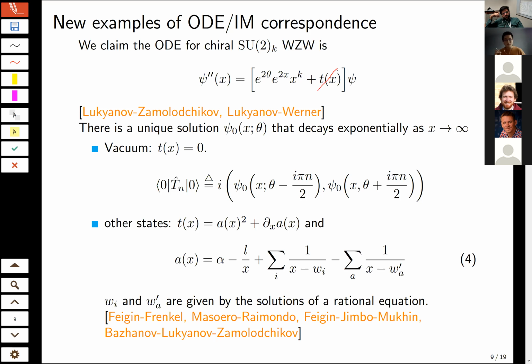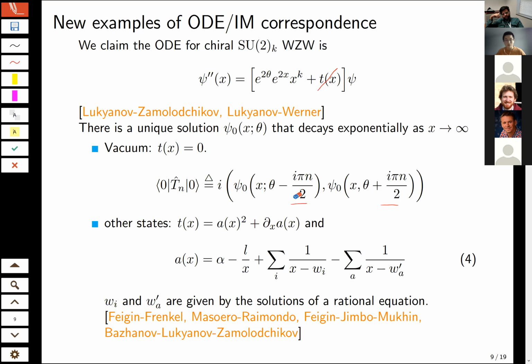You can solve it, and I want to look for the solution, which I call psi 0, that is the unique one up to normalization that decays exponentially as you go to positive infinity. You take that solution and shift the theta parameter by this amount and by an opposite amount.